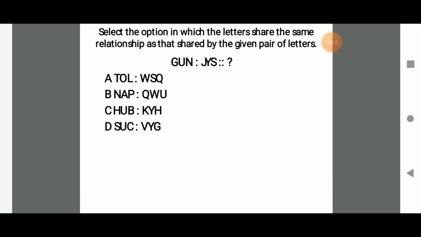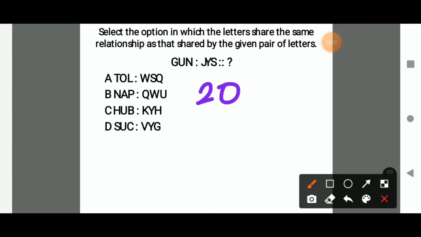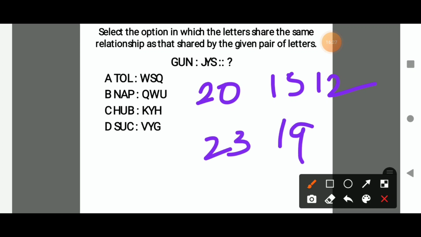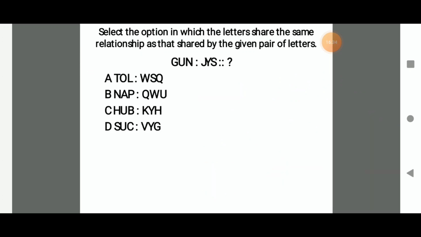So we know the logic, and let us check the options. TOL: T is 20, O is 15, L is 12. W is 23, S is 19, Q is 17. So this is plus 3, plus 4 and plus 5. So option A will be the correct answer to this question.